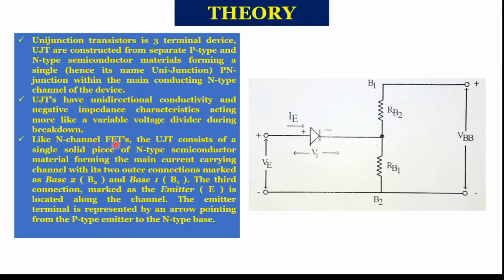Like n-channel FETs, the UJT consists of a single solid piece of n-type semiconductor forming the main current carrying channel with its two outer connections marked as base 1 and base 2. The third connection marked as emitter is located along the channel. The emitter terminal is represented by an arrow pointing from p-type emitter to n-type base.